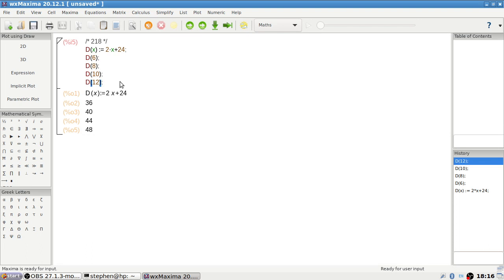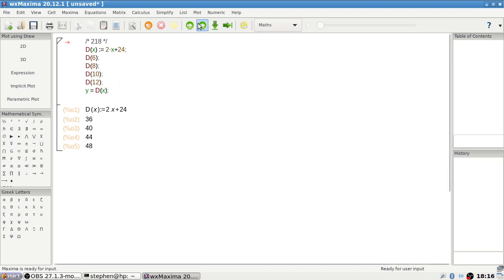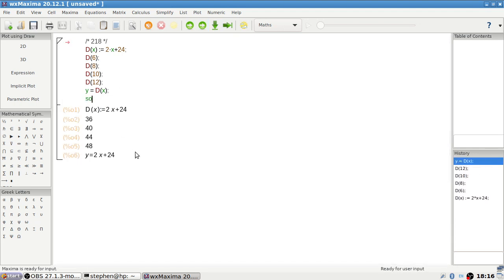Yes, so this is the inverse now. Okay, so we'll have y equals d(x) that we want to solve percent 06 for x.